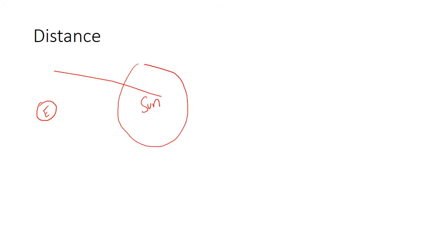Well, here's the Earth. We'll put E for Earth. And here's the Sun. Alright, now you're between the Earth and the Sun, as long as it's daytime right now. Now, the Sun has way more mass than the Earth does.